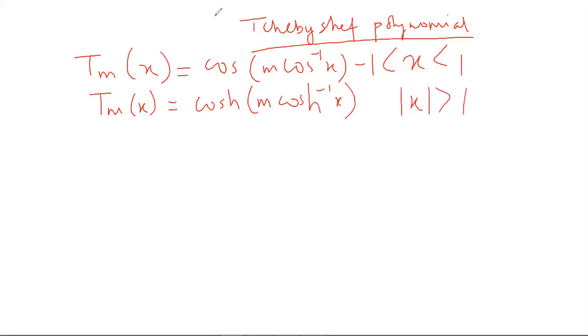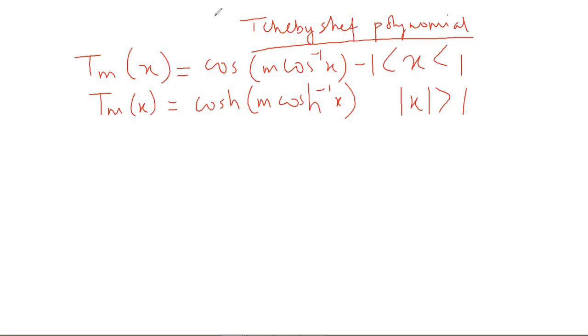So the polynomial has a certain shape when x lies between -1 and +1, and it has hyperbolic characteristics. I mean, it varies as a cosine hyperbolic function when mod x is greater than 1. Now, how does the polynomial look and why will we use this to find the optimal array?